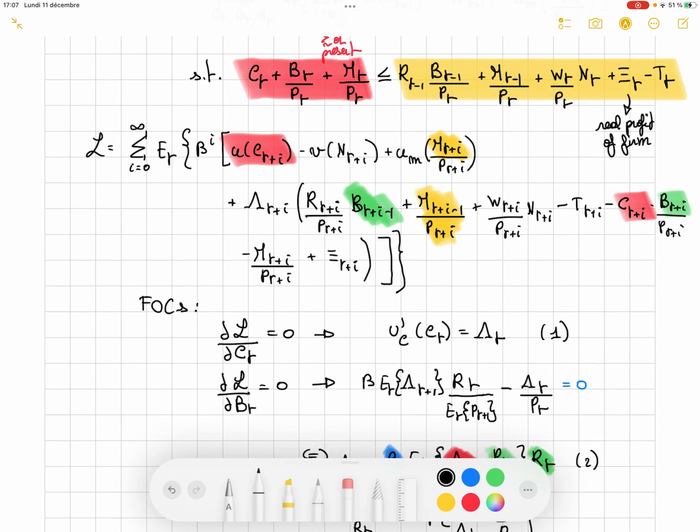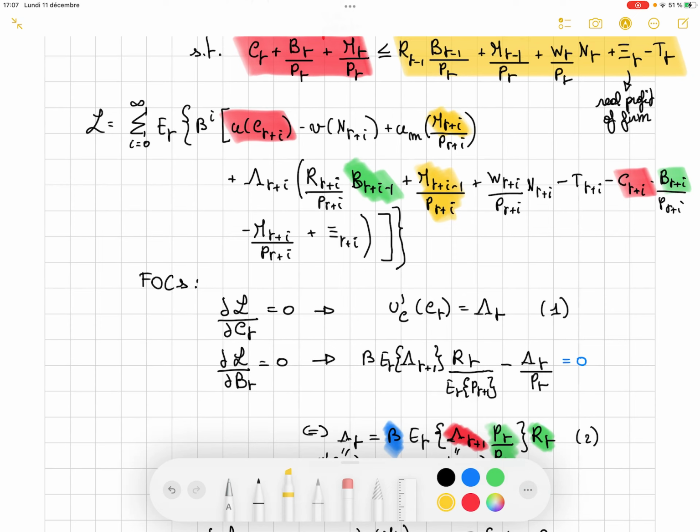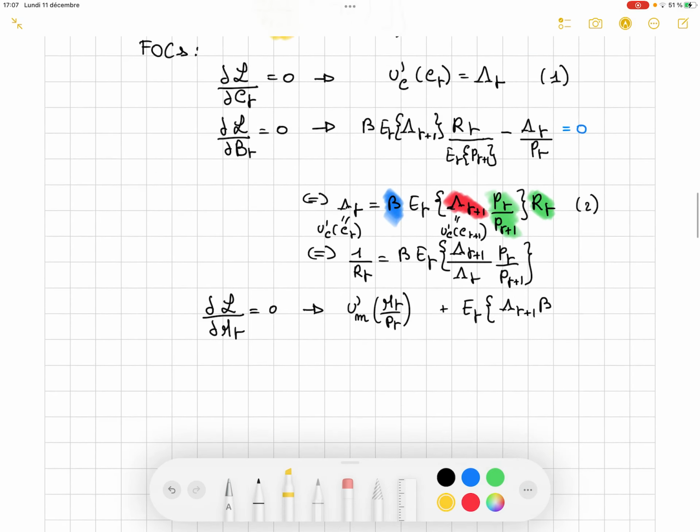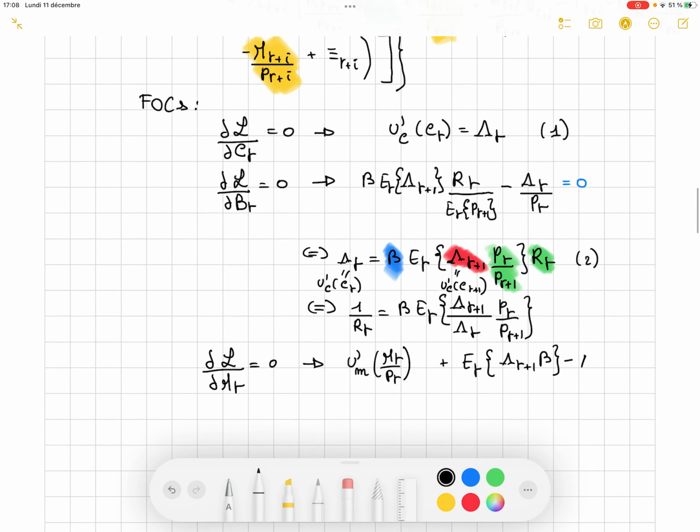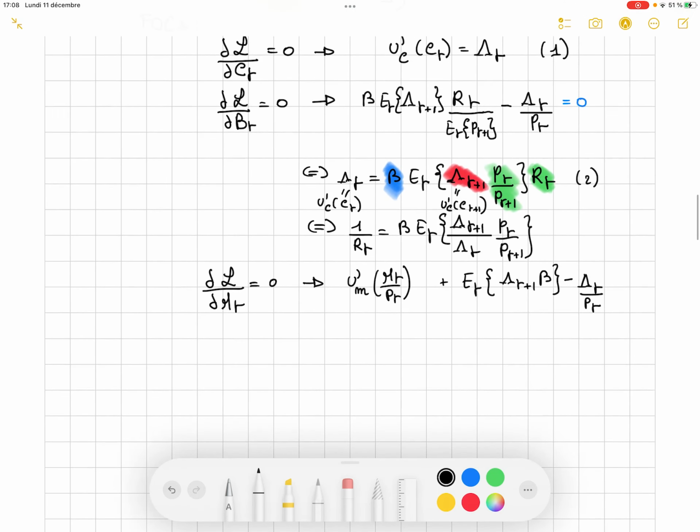But that's still not finished, because we still have money at the current period entering here. So we must do minus the marginal utility of consumption of the current period divided, of course, by P_t. Here everything is divided by P_t.